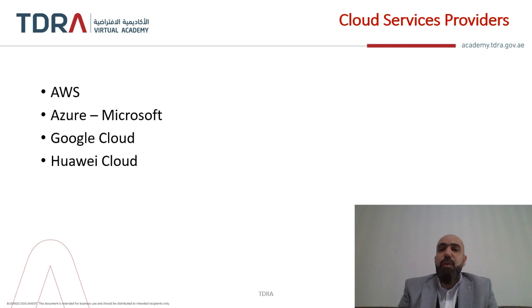Great. So, what are the cloud service providers in the market? There are many actually. The biggest are AWS, which is Amazon, Azure for Microsoft, Google Cloud, and Huawei Cloud. These are some of the biggest cloud provider companies that you can subscribe with and start your cloud services with.